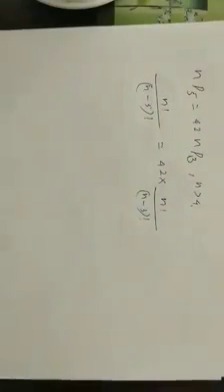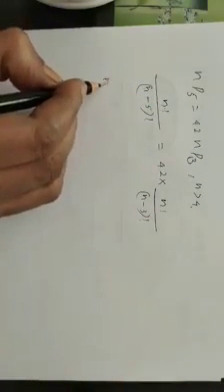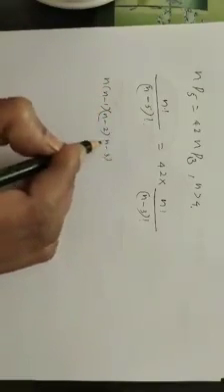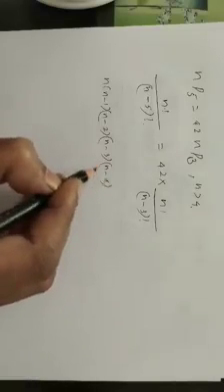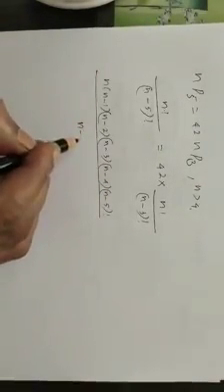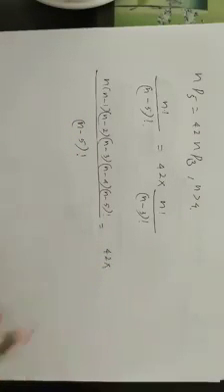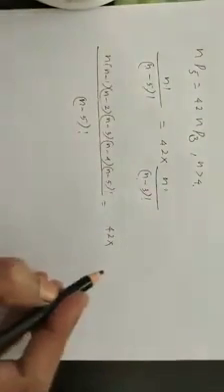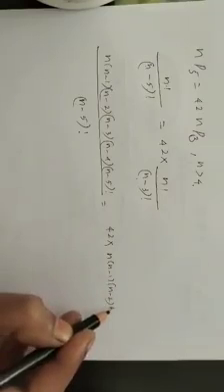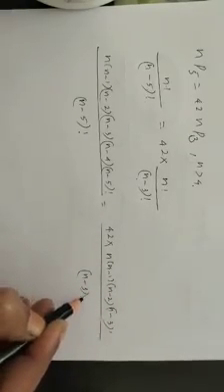Is it okay? Yes. We can write n factorial in terms of n minus 5 factorial. How? n into n minus 1, n minus 2, n minus 3, n minus 4 and n minus 5 factorial, whole divided by n minus 5 factorial equal to 42 into, and similarly we can convert the numerator in terms of the denominator: n into n minus 1, n minus 2, n minus 3 factorial by n minus 3 factorial.